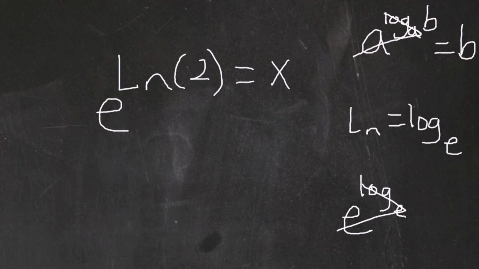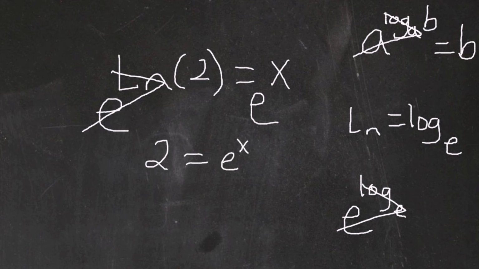So I have to take my right side and raise it also to a base of e. Now ln and e always cancel out, so we're left with 2 equals e raised to the x. So we just rewrote the expression ln of 2 equals x into an exponential expression of 2 equals e raised to the x.